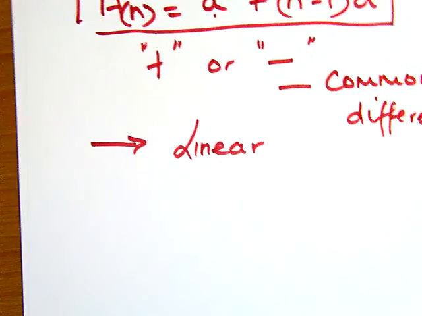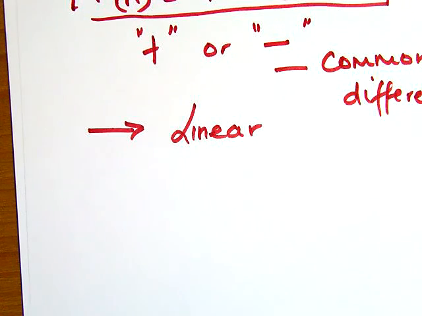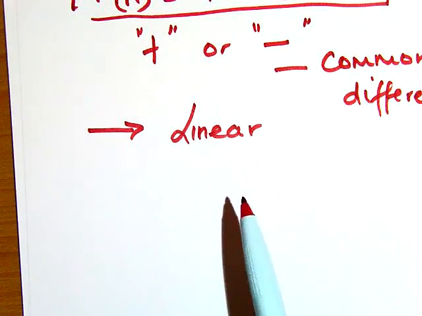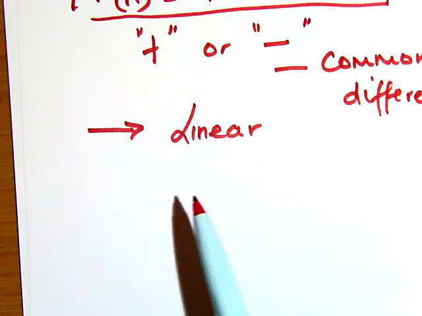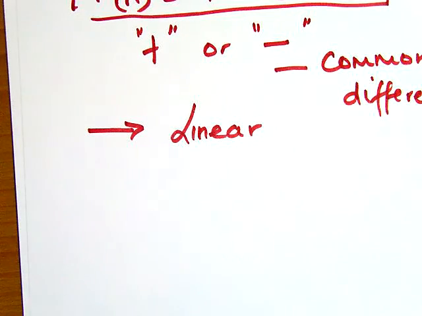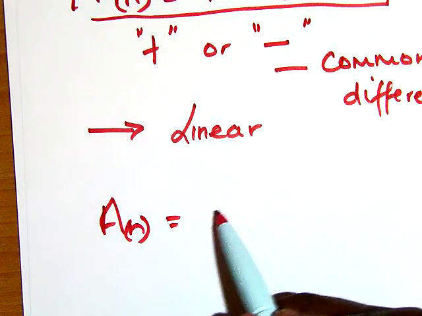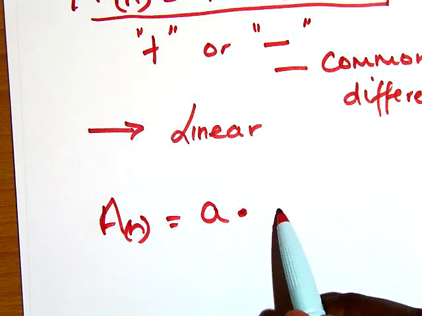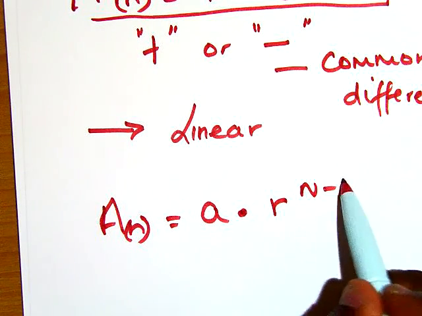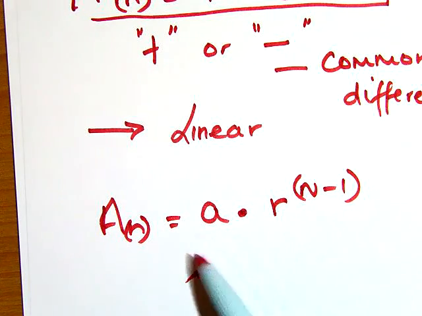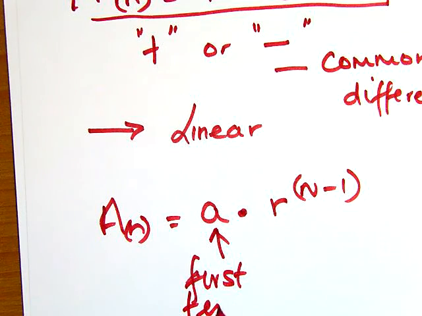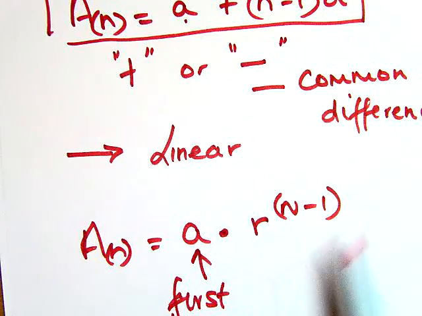Geometric sequences are similar. First of all, geometric sequences use the formula, the nth term is equal to a times r to the n minus 1. A stands for the first term, and please bear in mind that this first term must not be equal to 0.